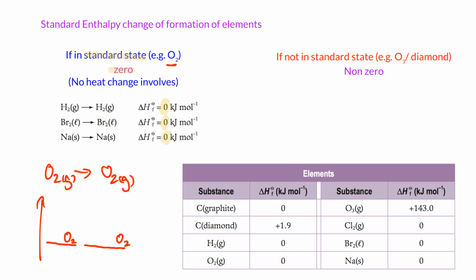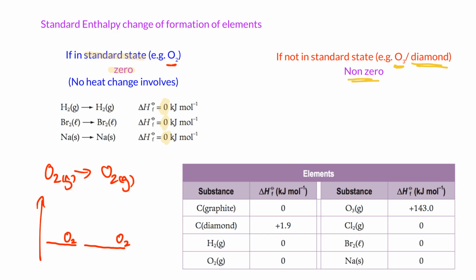But if we have elements not in their standard state, say for example O3, or diamond, which is also not in its standard state, since the standard state of carbon is graphite, then the value will be non-zero.